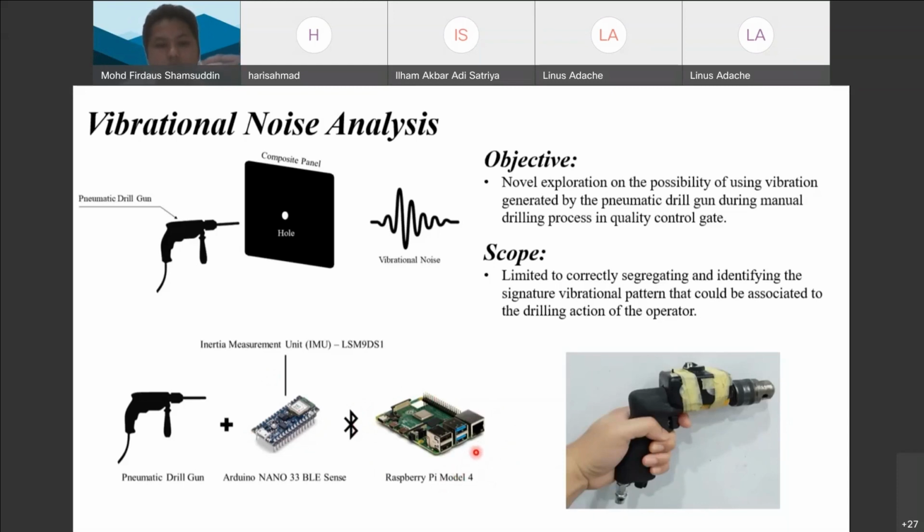This is our processing unit to do the analysis. The reason I'm also choosing Raspberry Pi is for us to control the cost. Arduino Nano plus Raspberry Pi, both of them inclusive of the display unit, all the wires and everything, cost less than 1,000 ringgit.